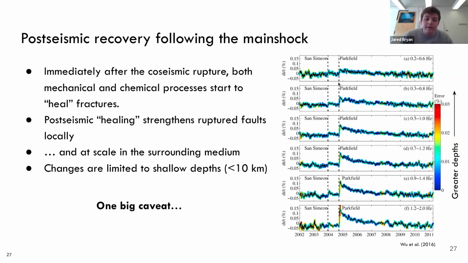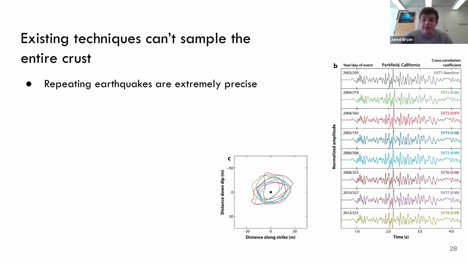But there's one big caveat to this kind of common observation, which is that our techniques for measuring seismic velocity changes don't sample the entire crust. They primarily sample the shallow subsurface. So repeating earthquakes, for example, might have a very well-characterized rupture region, and they produce these repeating waveforms.